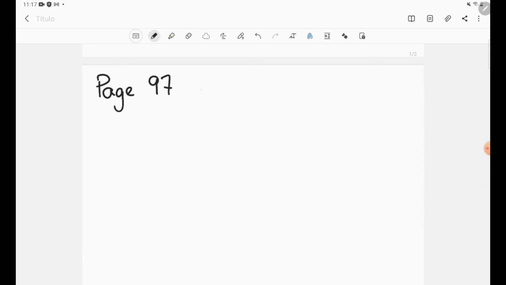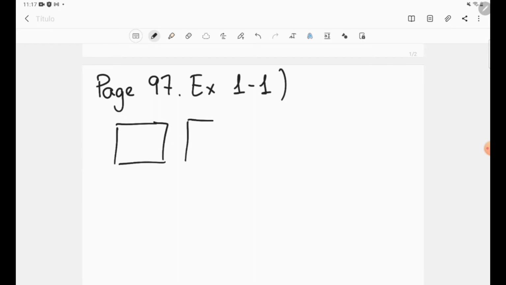Here we have 2 whole units like this, and 1 more unit that is divided in 10.